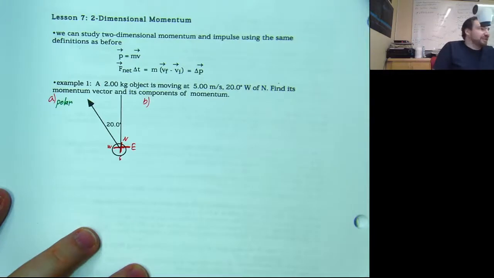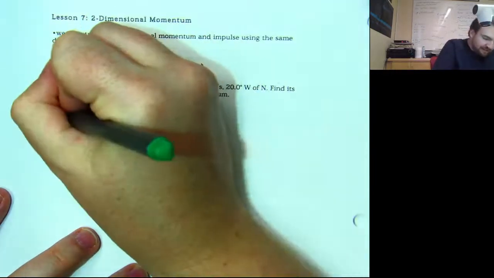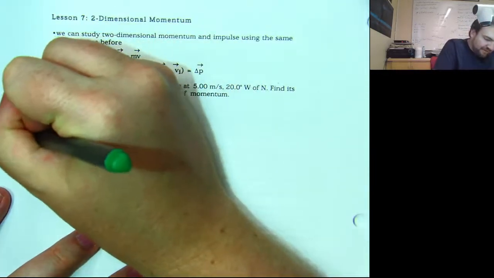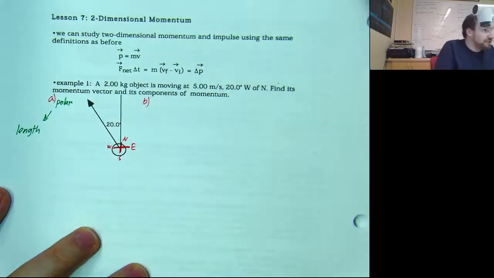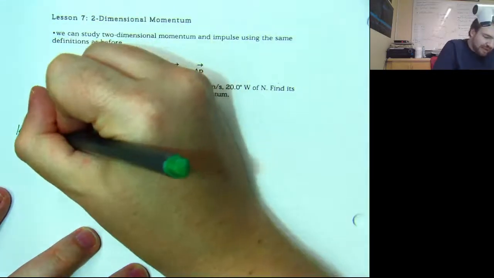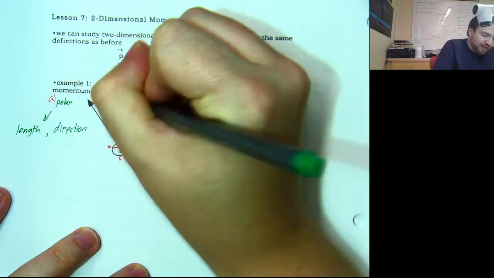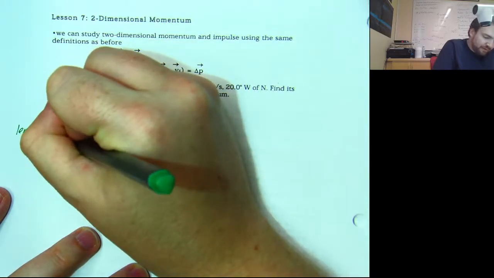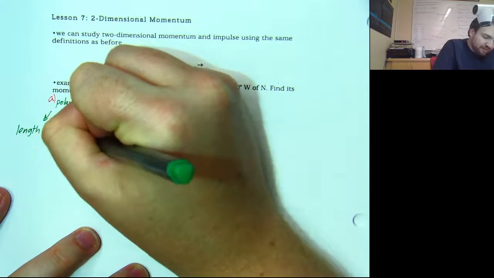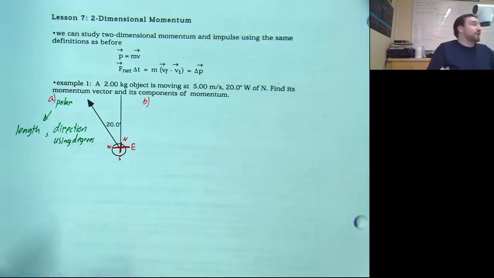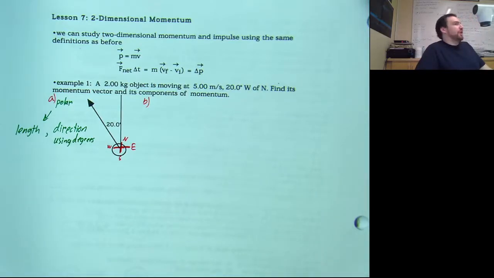Polar coordinates is just going to give us the vector, and what we want is the length of that vector, also known as the magnitude, and the direction using degrees. Those of you who are in calculus, make sure that your calculators are not in radians when you're doing these things, because it'll go poorly for you.